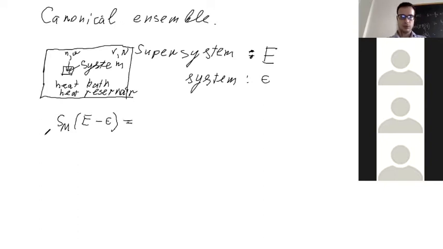We assume that the Boltzmann rule applies: the entropy is the Boltzmann constant times the logarithm of the number of microstates that realize this macroscopic configuration, in which epsilon is the energy of the system of our interest.